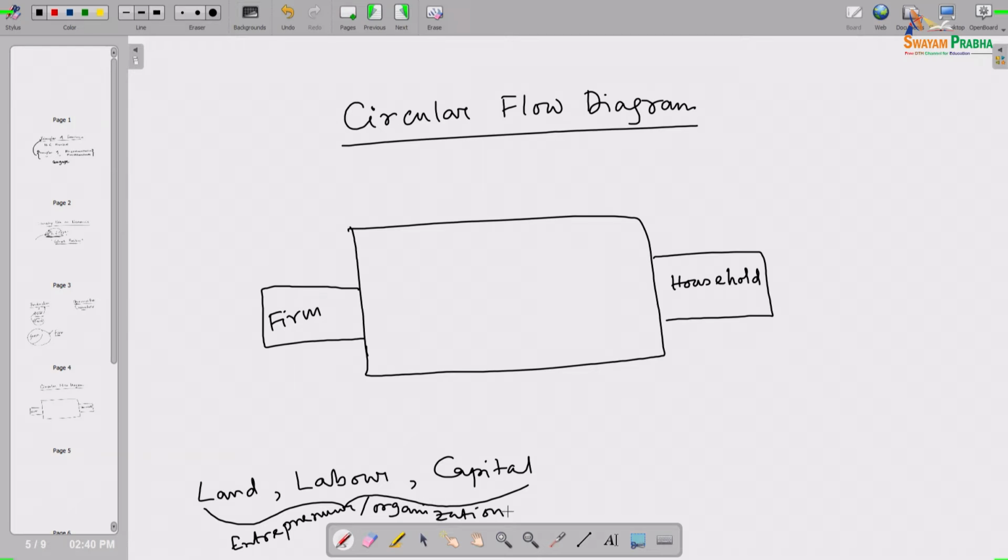Okay. And in economics each of these factors of production has a specific definition, like land. Usually when we say land, as if we are referring to the upper surface of the earth, that is not the only land in economics. Something else is also a part of land. So, land in economics has a wider definition.